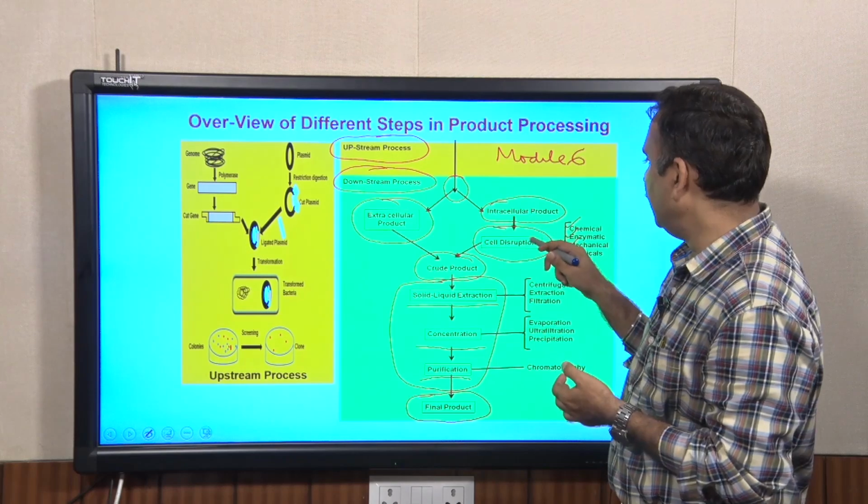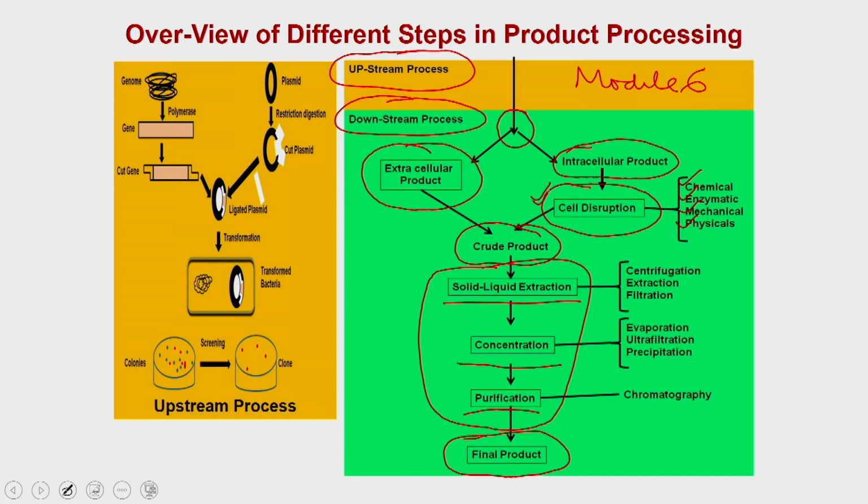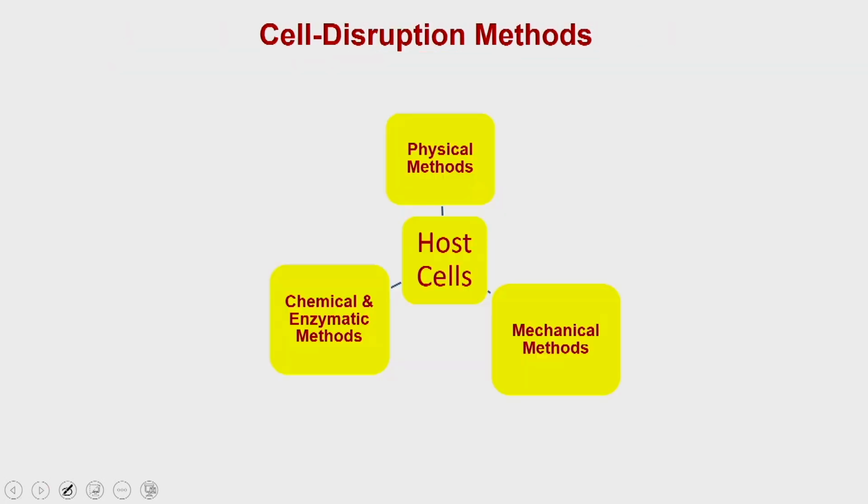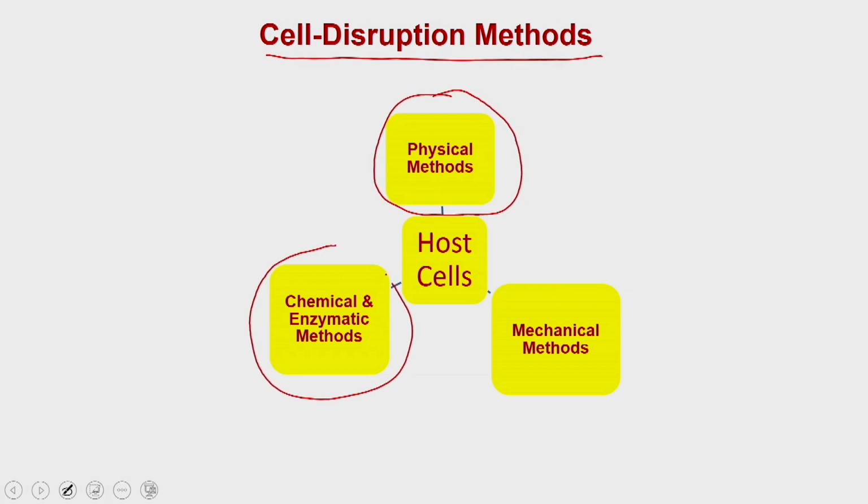We started with the cell disruption methods. In cell disruption, we discussed 3 different types of methods, whether it is the physical method, the chemical or enzymatic method, or the mechanical method, and all these methods are used depending on the type of host cells you are using for overexpression of your protein.